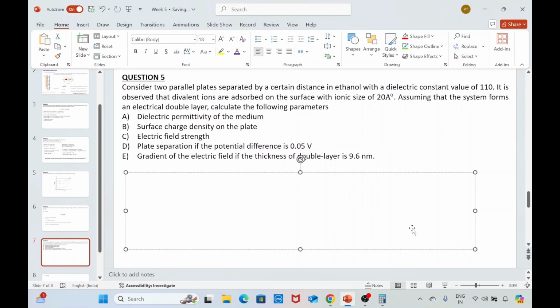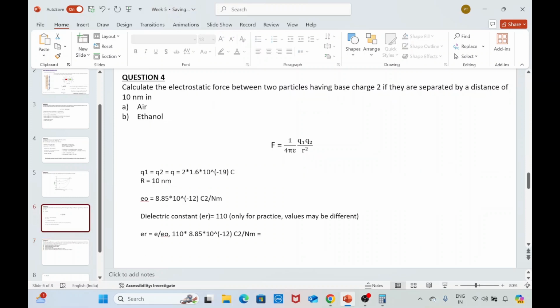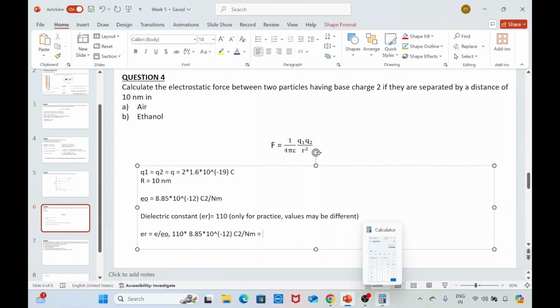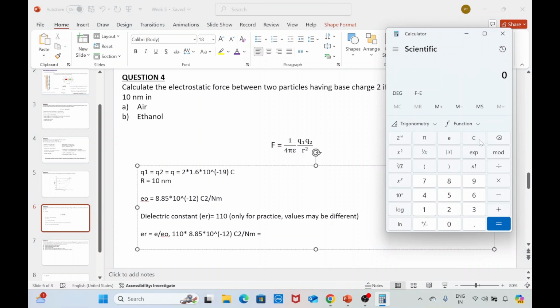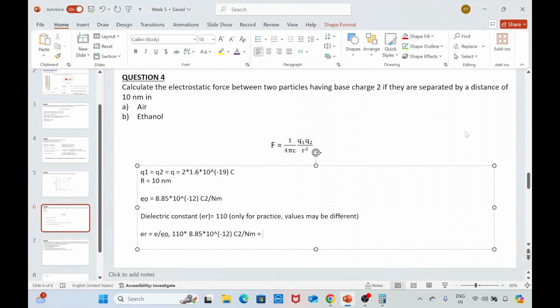So again, you are asked to calculate the dielectric permittivity of the medium. So that is something similar to what you have here. So what is the value? 8.85 times 110, 973.5 times 10 power minus 12.